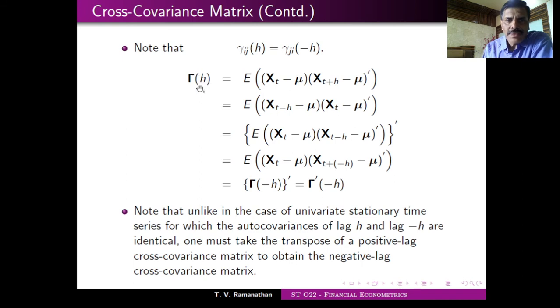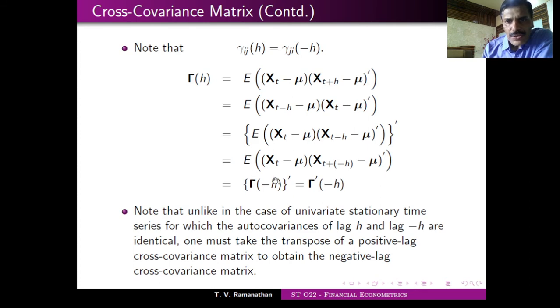That's why we are discussing this. Assuming stationarity, you change this t to t minus h, so naturally this will change to t. So I have this. Now we know that the prime of a prime is A. So I can write this matrix as the prime of this something. The prime of this one will give me this.